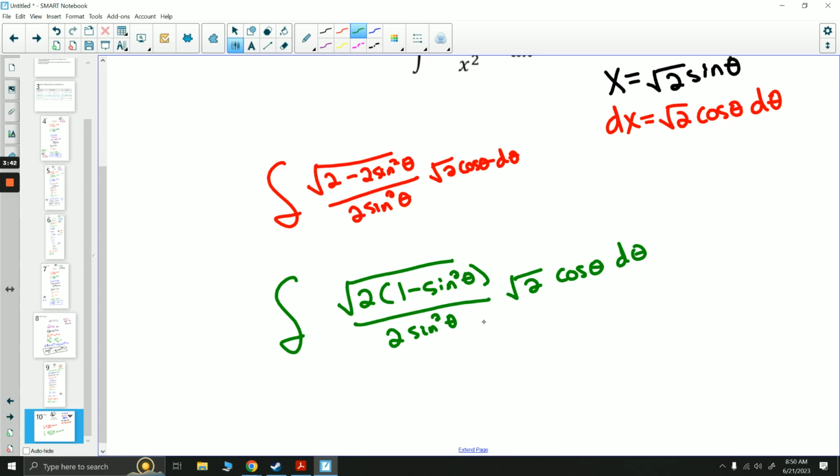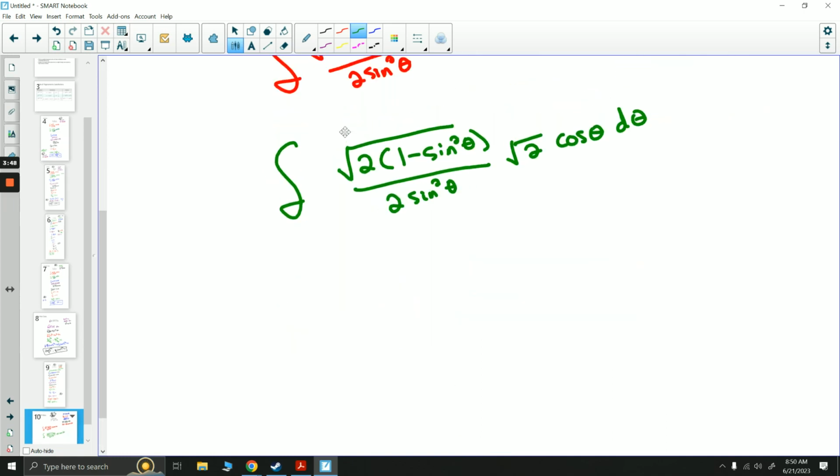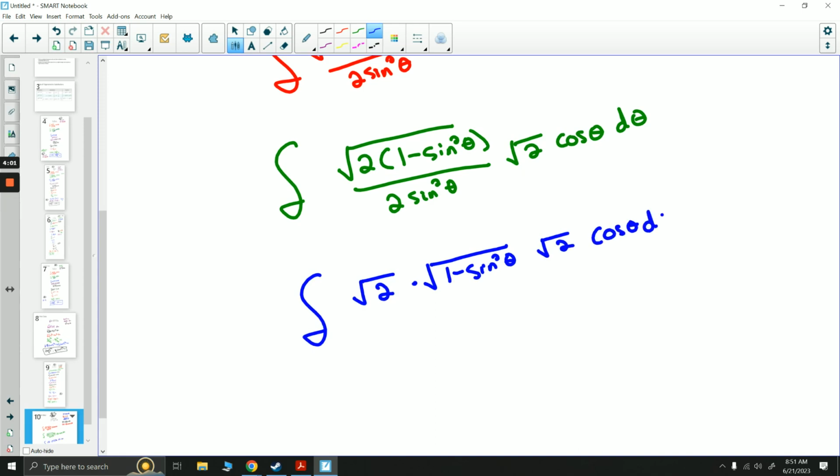Now we'll clean this up a little bit more in just a sec, but first I'm going to pull out the square root of 2 as just a square root of 2. We can do that. It's not a perfect square, but that's okay. So the square root of 2 times the square root of 1 minus sine squared theta, times the square root of 2 cosine theta d theta, all over 2 sine squared theta.